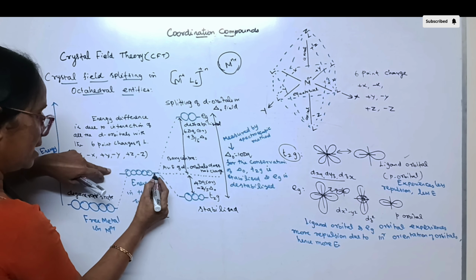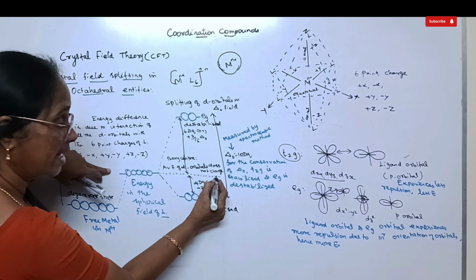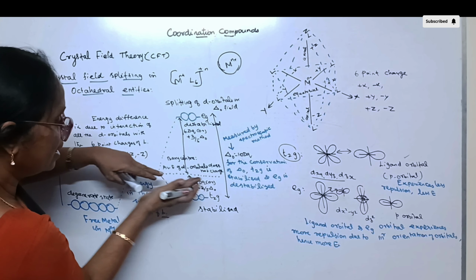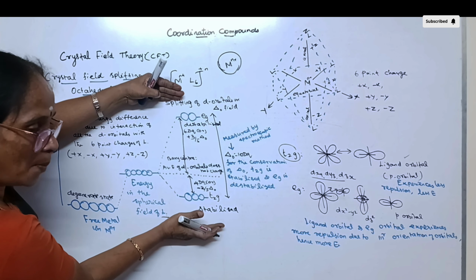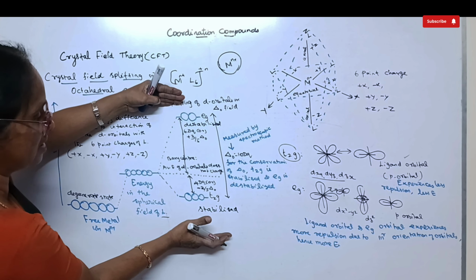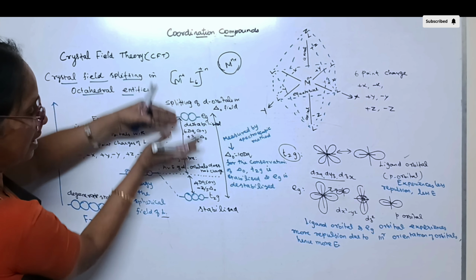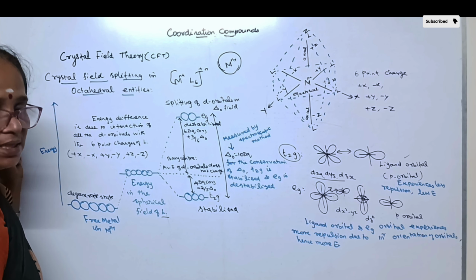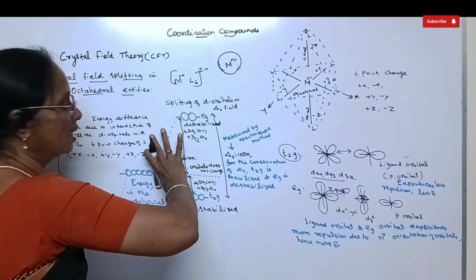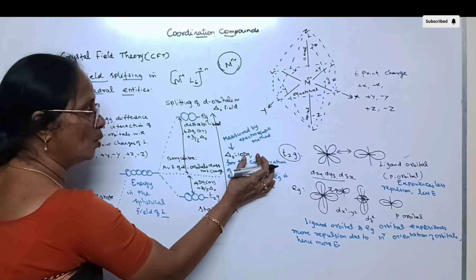Barycenter means at this stage they are in equivalent energy, and the d orbital is split into two different sets. One is above the barycenter, the other one below the barycenter. So the total energy difference equals 10 Dq.